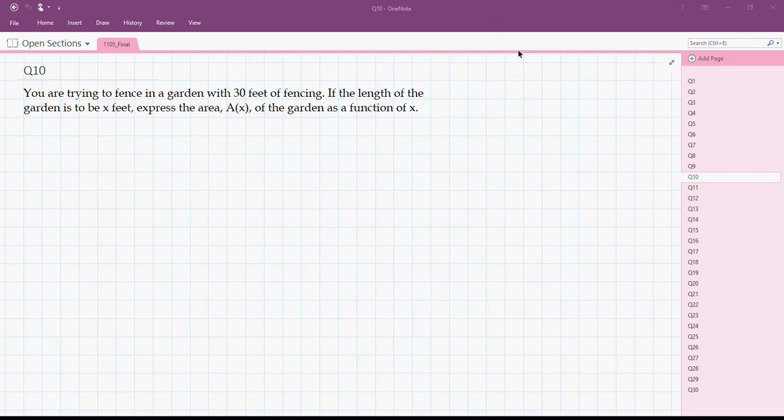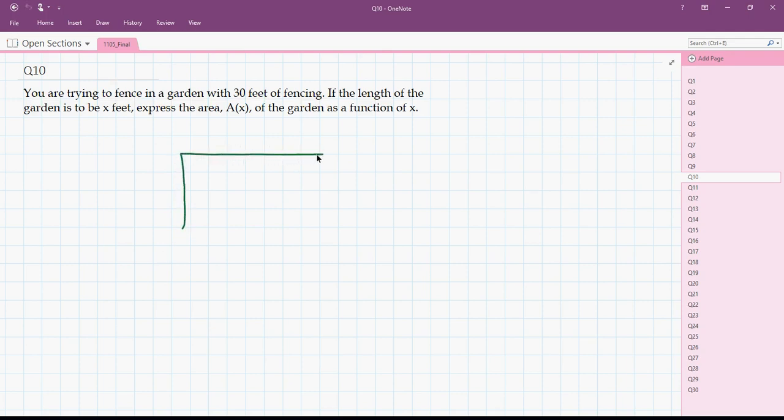So you're trying to fence a garden with 30 feet of fencing. If the length of the garden is x feet, express the area as a function of x. So any garden is going to be some kind of perfect rectangle.